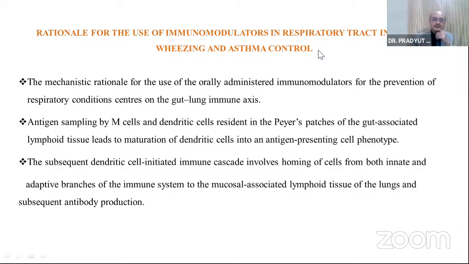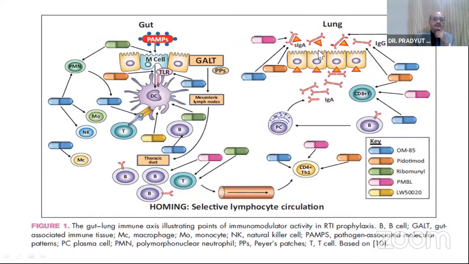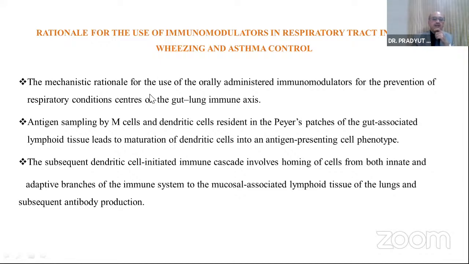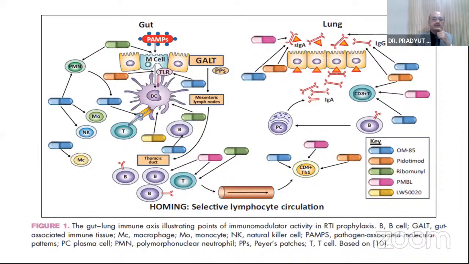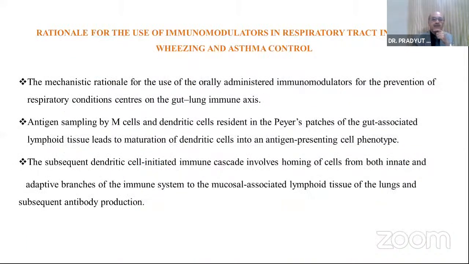What happens here is antigen sampling. This is the gut-associated lymphoid tissue present in the Peyer's patches. These are the M cells and these are the dendritic cells. The antigens are supplied by the M cells and the dendritic cells located in the Peyer's patches of the gut-associated lymphoid tissue.